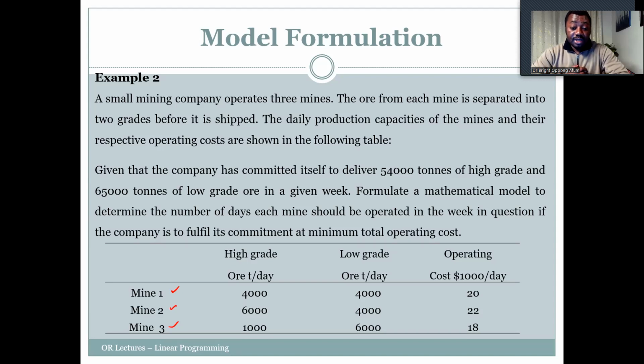So given that the company has committed itself to deliver 54,000 tons of high grade and 65,000 tons of low grade ore in a given week, we now want to formulate a mathematical model to determine the number of days each mine should be operated in the week in question, if the company is to fulfill the commitments while minimizing the total operating cost.